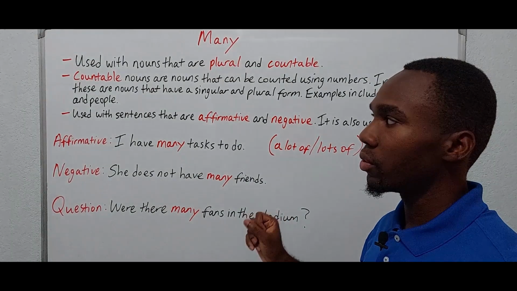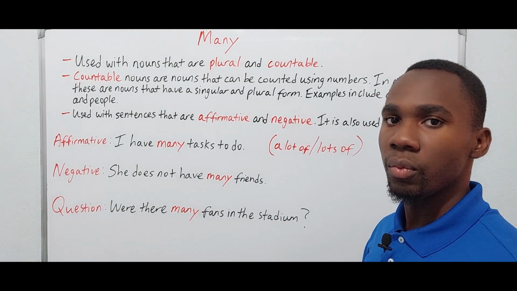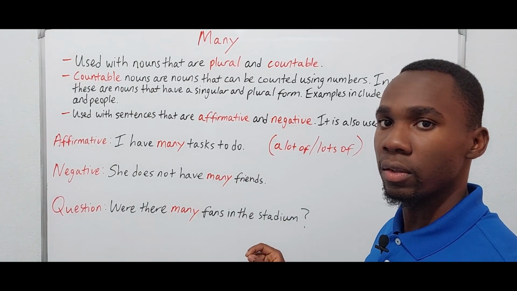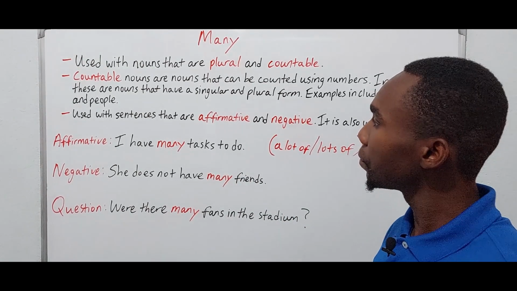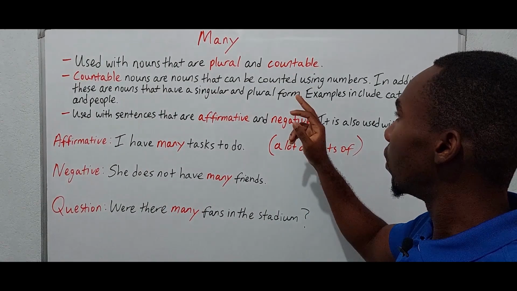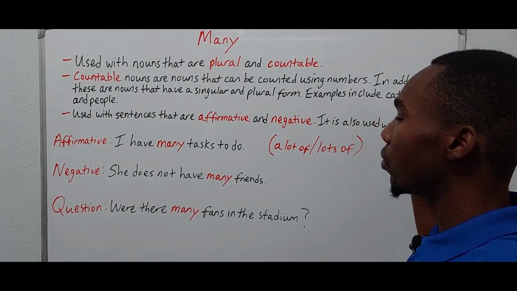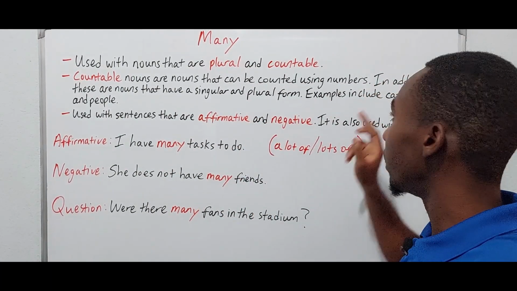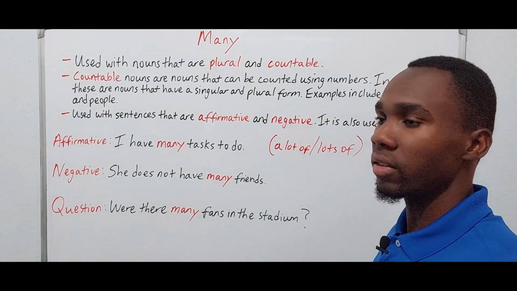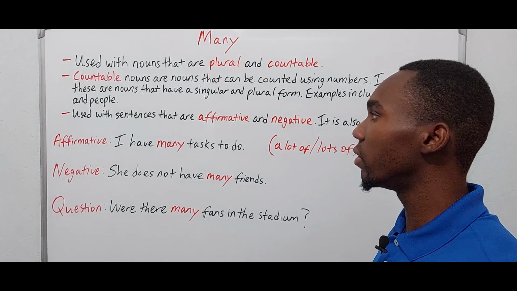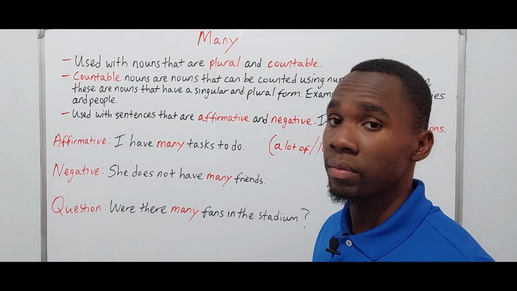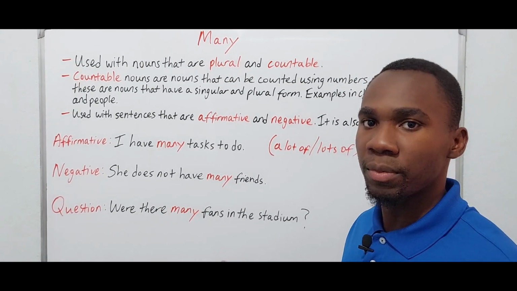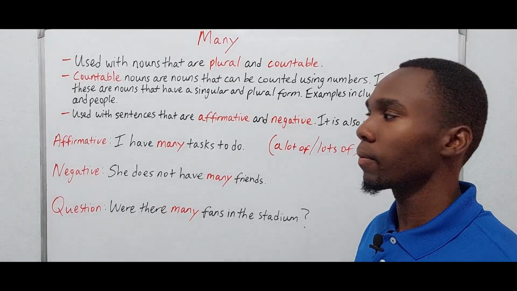But of course, when we use many, we're going to use many with the plural form of the noun, right? So I can use numbers to count each of these nouns, right? So I could say 7 cats, I could say 5 movies, or I could say 10 people. Well, persons really, but the point is that's plural, right?